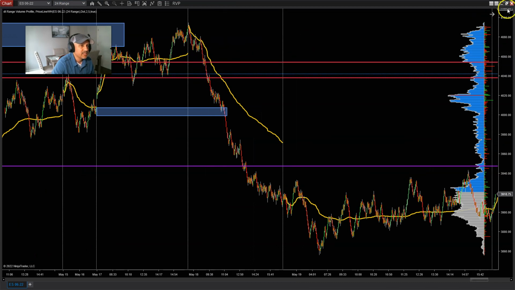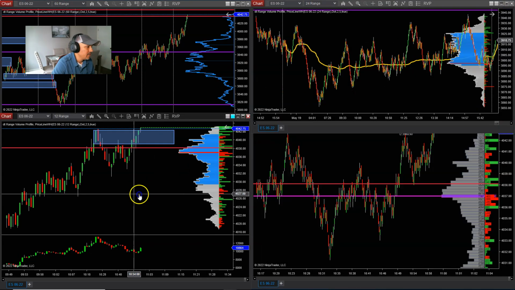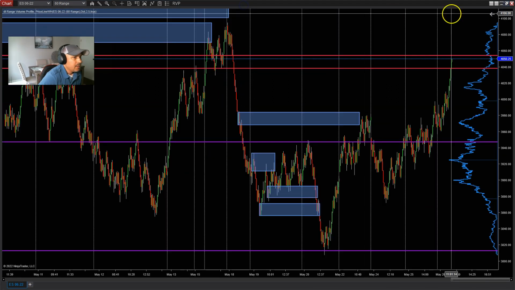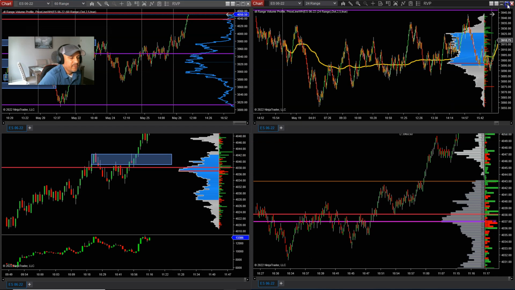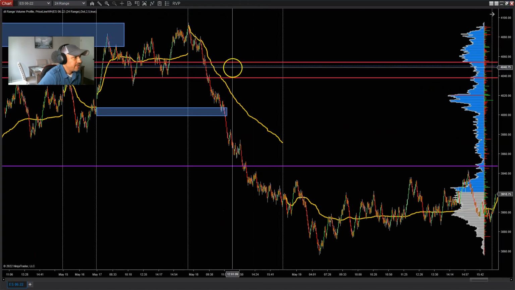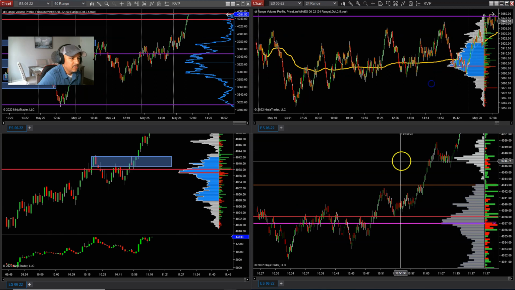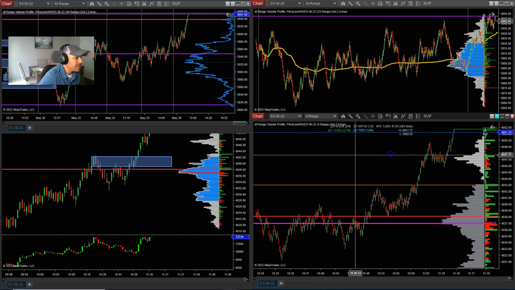So be careful when price gets up there. Could be possibility of rejection in that area. All right, so we are good. 24 range, I think we're approaching that area I talked about. Yeah, we're hitting that zone. It's also a half number too. So it's at 50. Yeah, we're already tapping into it.